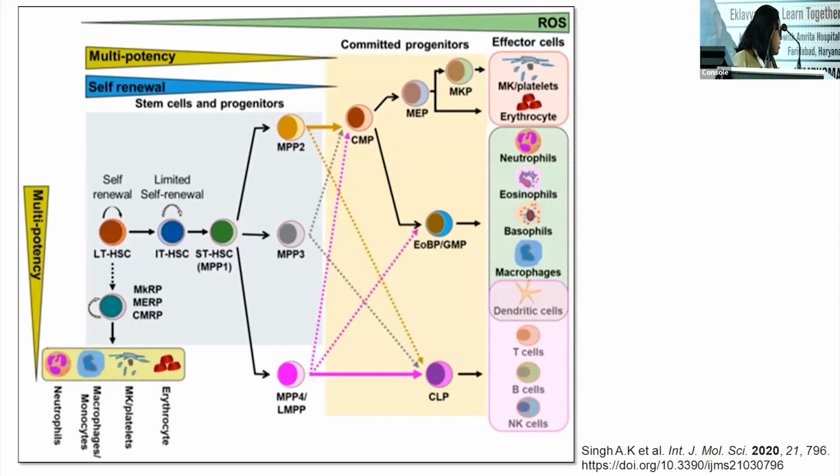But the long-term hematopoietic stem cells don't have the potential to differentiate into cells of lymphoid lineages. Then the short-term hematopoietic stem cells further differentiate into multipotent progenitor 2, 3, and 4, and then again into the cells of various lineages.